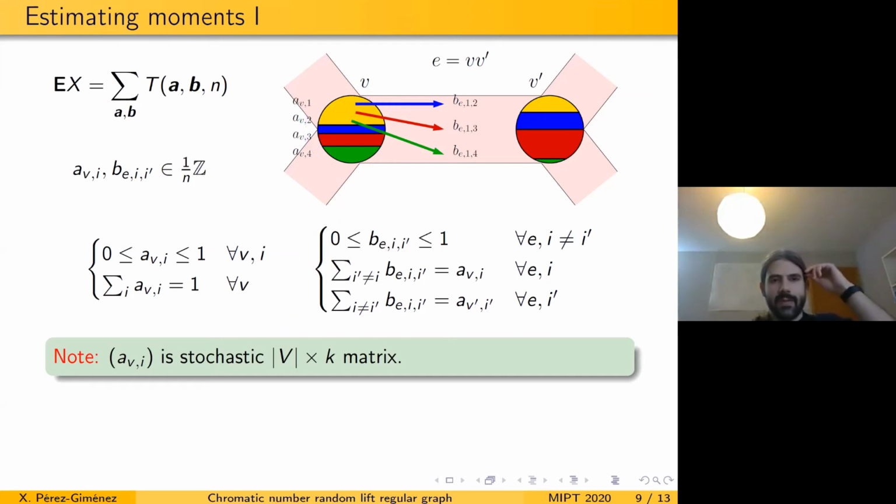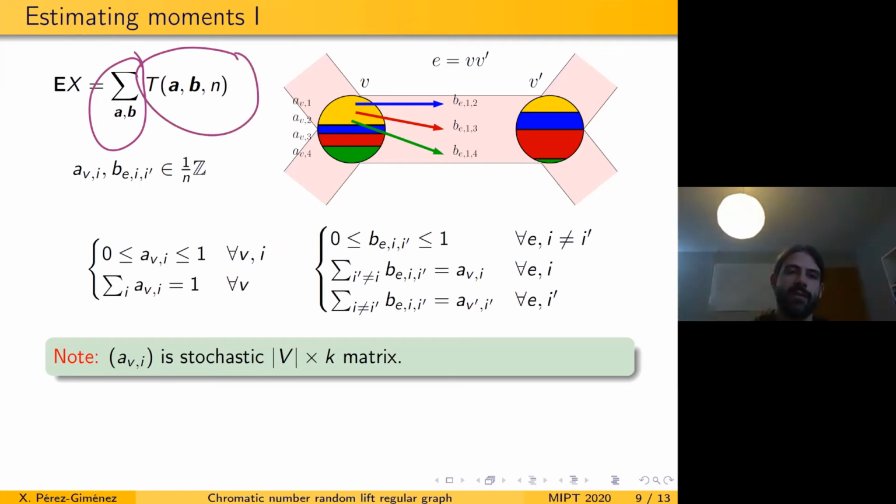So I would like you to believe that once I specify a set of A's and B's satisfying these constraints, basically I can compute the contribution to the expectation from colorings with those parameters. Like I can say, okay, how many colorings do I have satisfying these parameters? I have to decide which vertices in each fiber get each color, but I have the quantities decided.